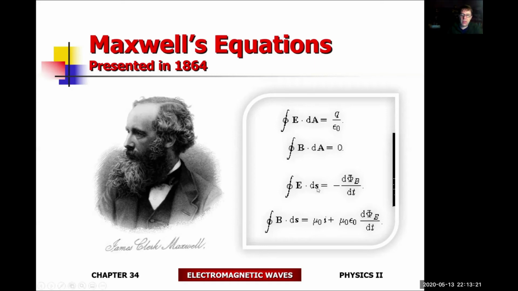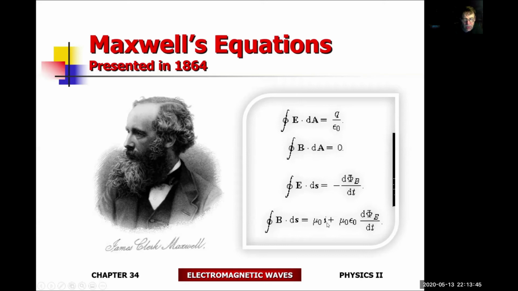The third equation that we are looking at, which is this one, is Faraday's law. Any time variation of the magnetic flux is going to cause a circulating electric field within that region. And the last one is Ampere's law.